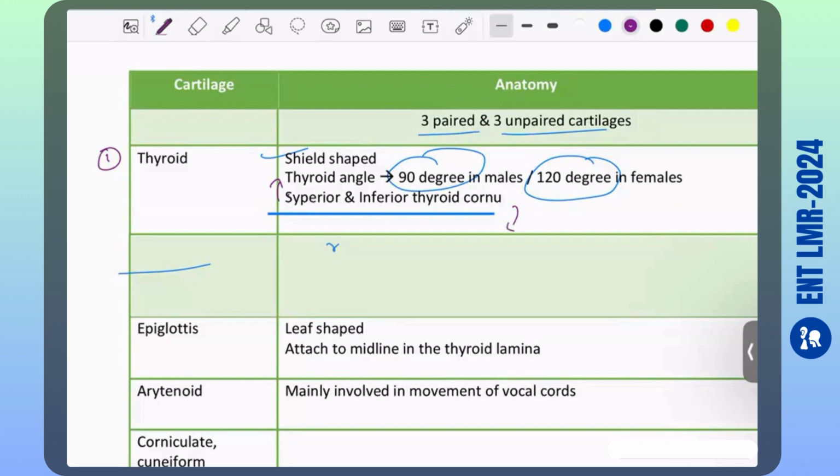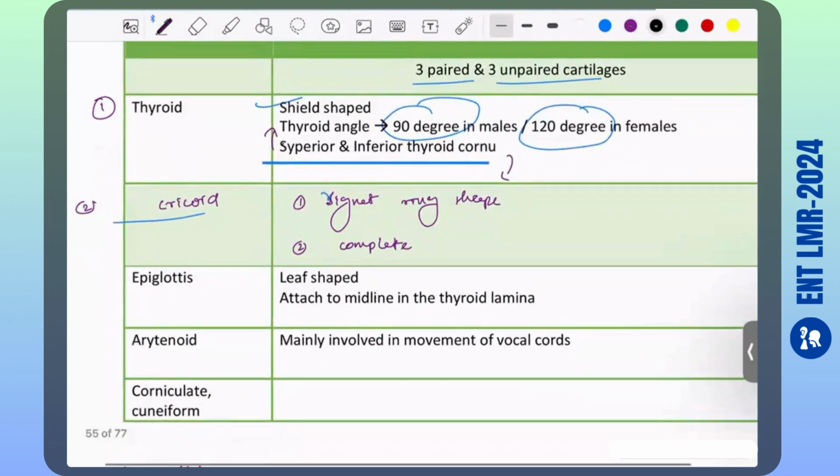cricoid cartilage below. The second unpaired cartilage is cricoid cartilage. It is a signet ring shape and it is a complete cartilage. Okay. Next one is epiglottis cartilage.